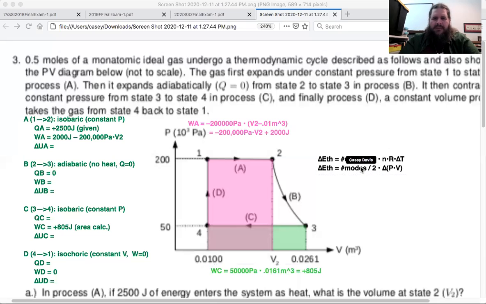And do we know how many modes we're dealing with here? 3, because it's a monatomic gas. Sounds good.